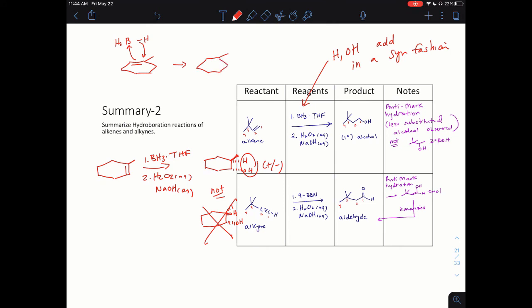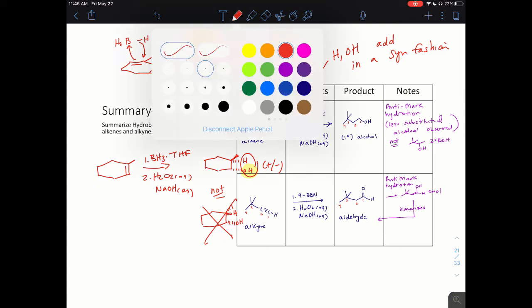They're formed at the same time. And so because of that, you have this syn relationship. And remember that the boron, the BH2, that becomes the OH. So that's why after oxidation, the OH and the hydrogen are still on the same side of the alkene. Okay, so that stereochemistry is really important to keep in mind.